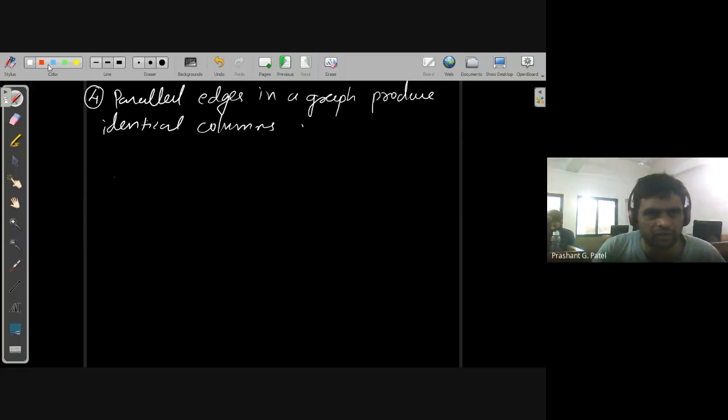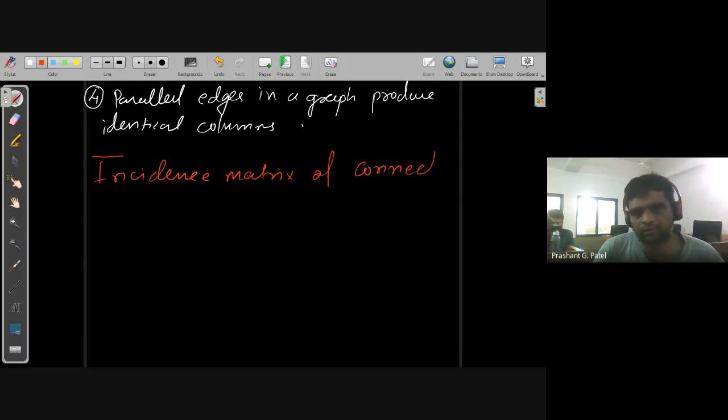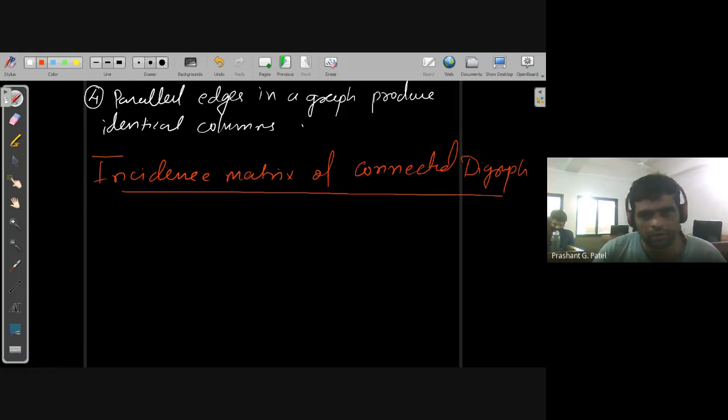Now the next one is the incidence matrix of a connected digraph. What does digraph mean? Digraph means directed graph.